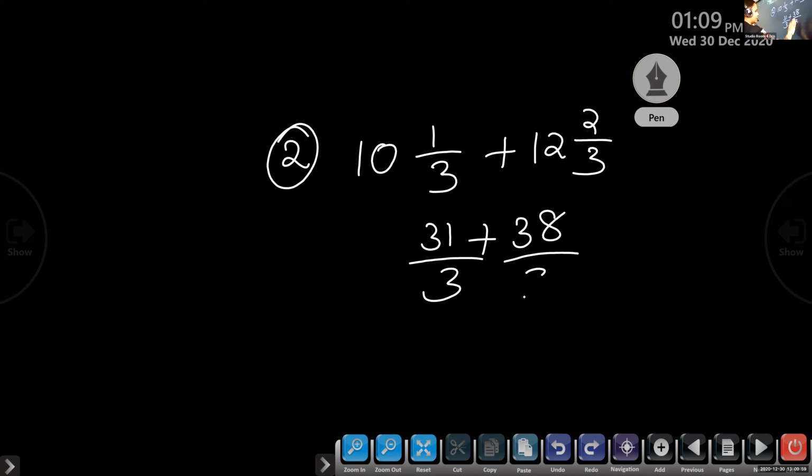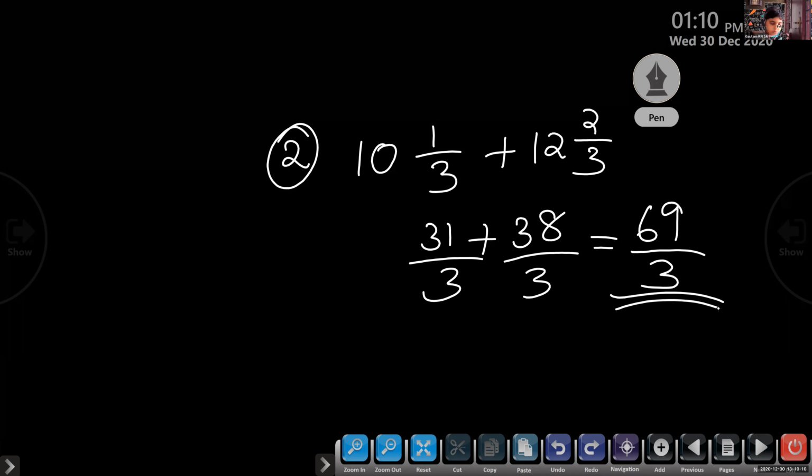So what's the final answer? 69 by 3. Children, this is the answer of question number 2. Please check whether you got the answer. Now this 1 and 2 was addition, and now 3 and 4 will be subtraction. Please check and do correctly.